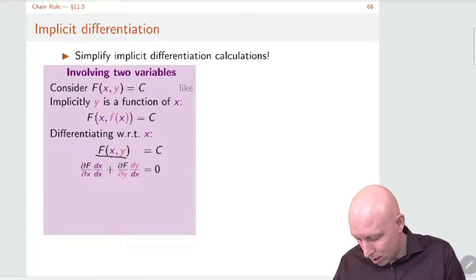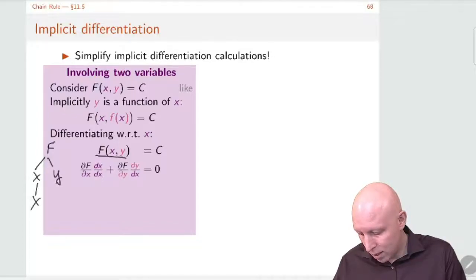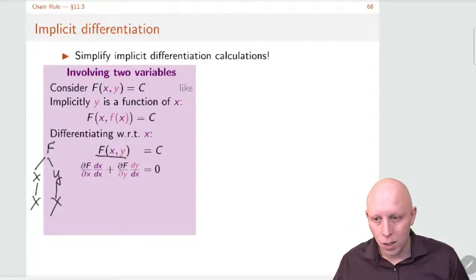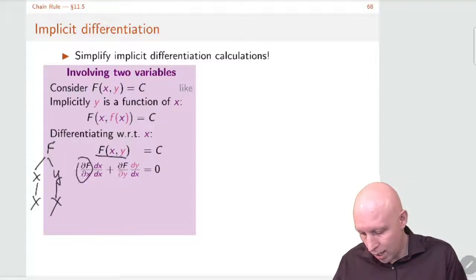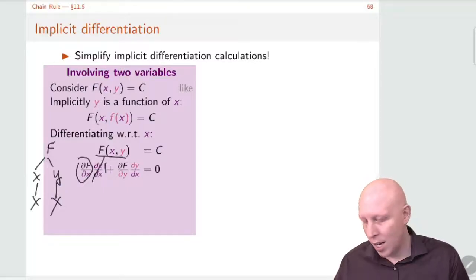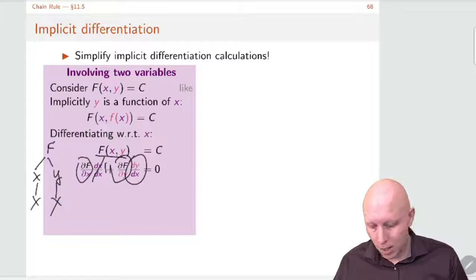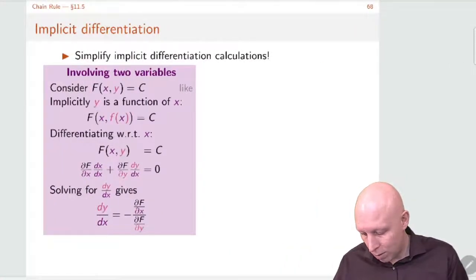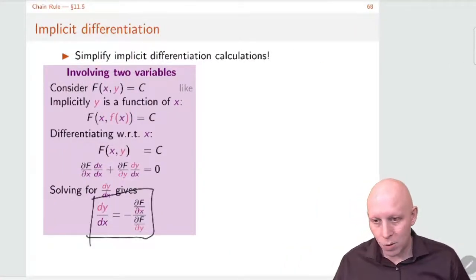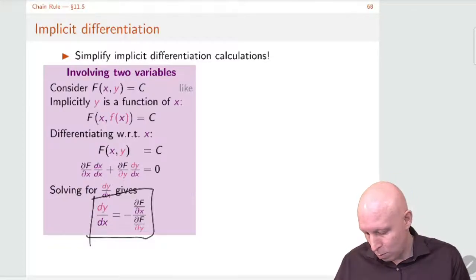We have this function f, and it's related to x and y. x is related to x, and y is related to x. So we get del f del x times dx dx, that's just 1. And then we get del f del y times dy dx.